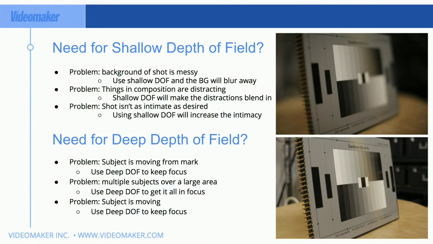So, the need for deep depth of field. Problem: the subject is moving from their mark. So, we say hit your mark, and they're not hitting their mark. Maybe because you don't have control, maybe because you have an amateur actor, who knows? But this is a really helpful thing just to think about. Sometimes you have an actor that is able to make adjustments. Hey, you missed your mark, hit your mark this time. That's great. But if you're working with an amateur, or maybe it's an actor that's not listening to you, you don't have to get in a conflict with that actor.